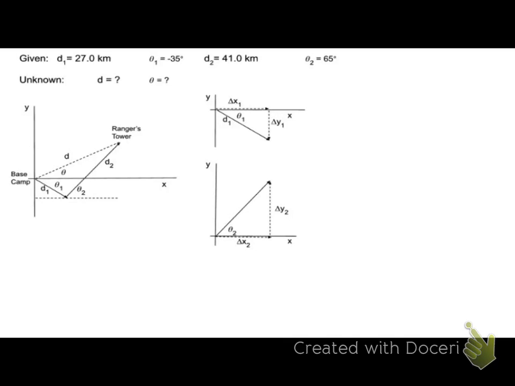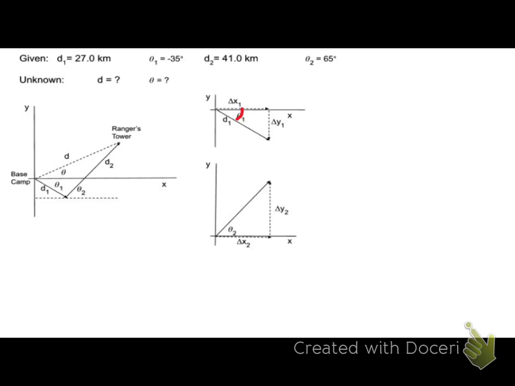Okay, so we'll start with the first day's travel. You can solve, so the angle, which I'm going to try drawing on this, maybe in a different color. This angle right here is that 35 degrees south of east that they mentioned, okay? So that's our angle.